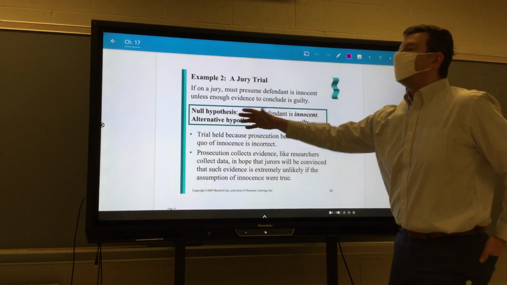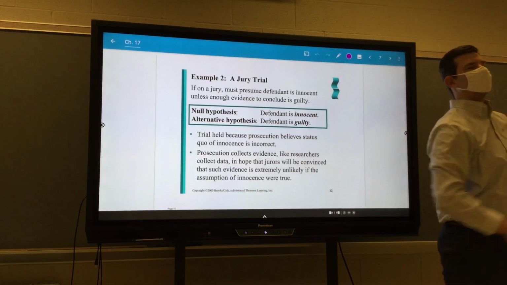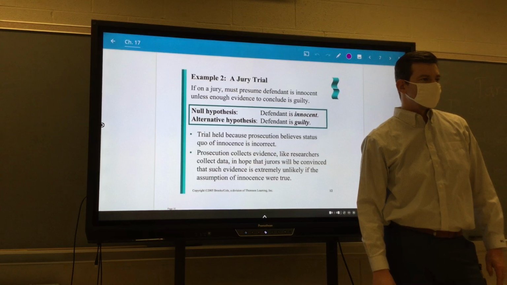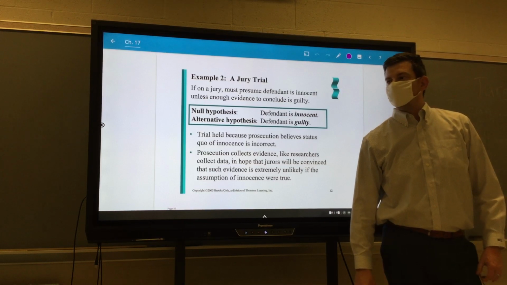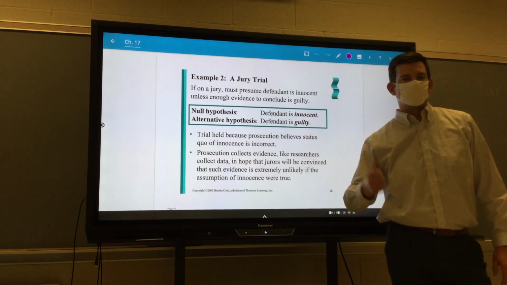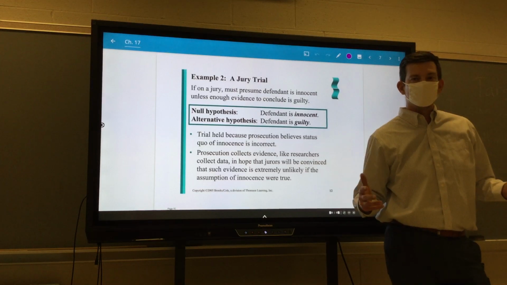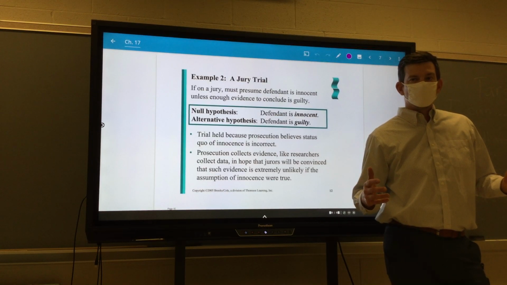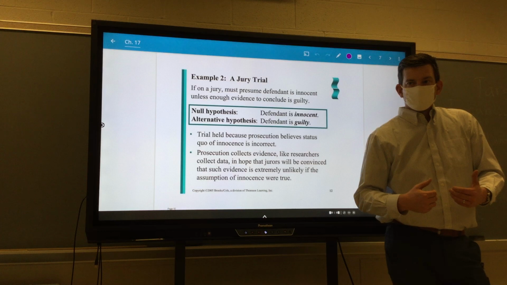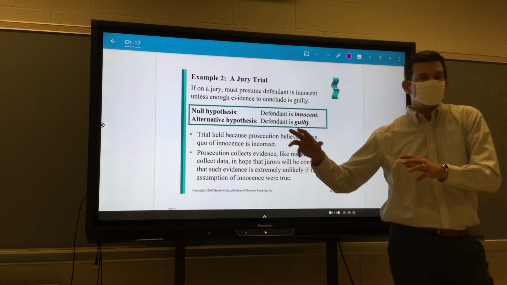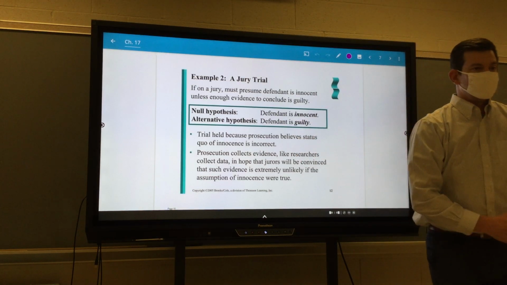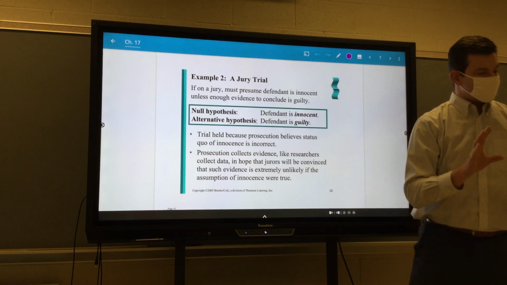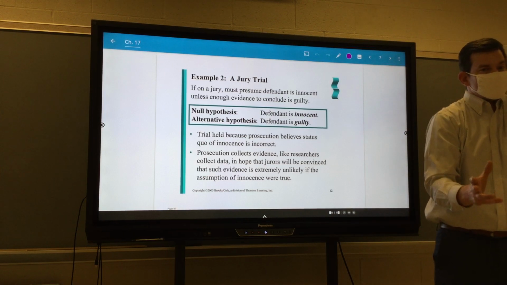We don't want to go out on a limb and just start rejecting all of these preconceived notions. We don't want to immediately throw everyone in jail who's accused of a crime. We only want to do that if the evidence is overwhelming and basically it's proof that the person did the crime.